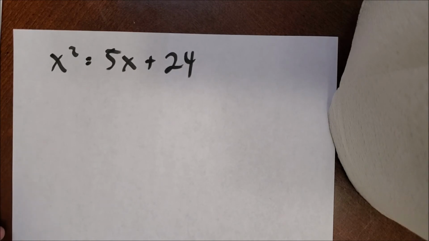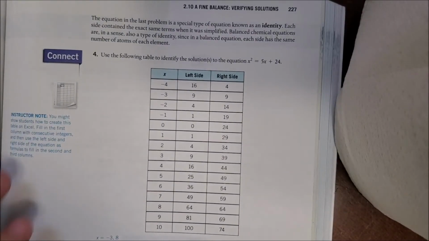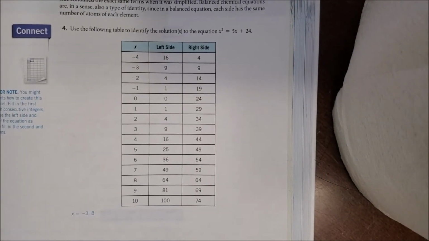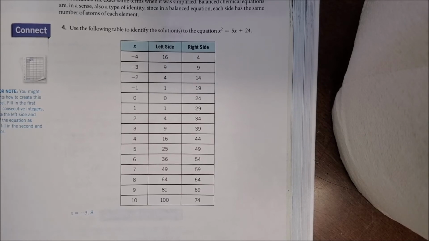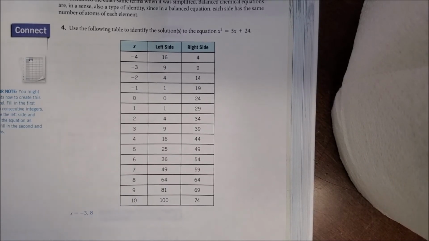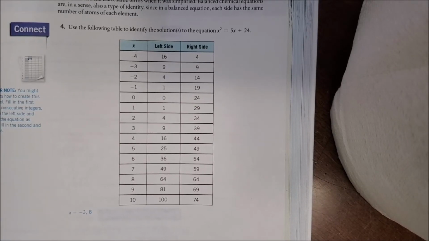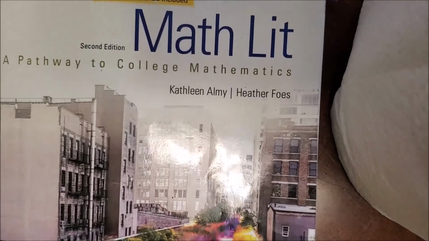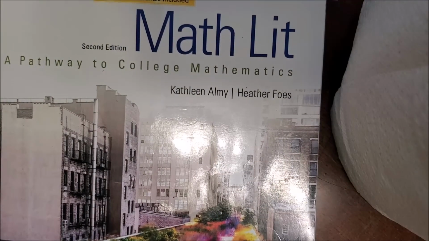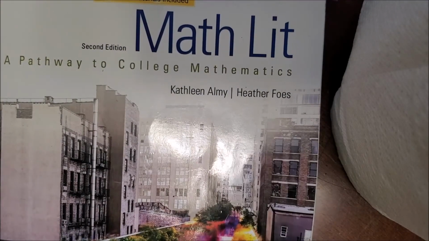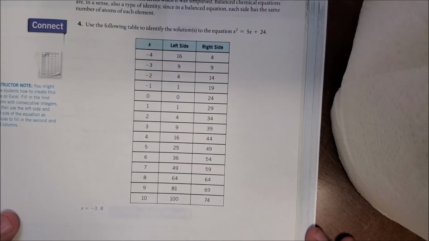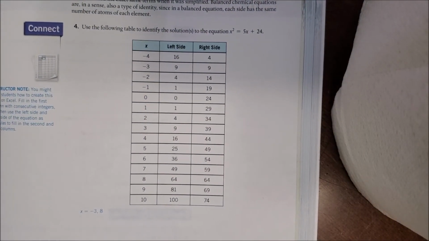Now, if we wanted to find solutions to this, we could make a table like this. What I'm using right now is the math literature book that we're using for our class. I'm just pulling this out of the textbook, it's a Pearson book.